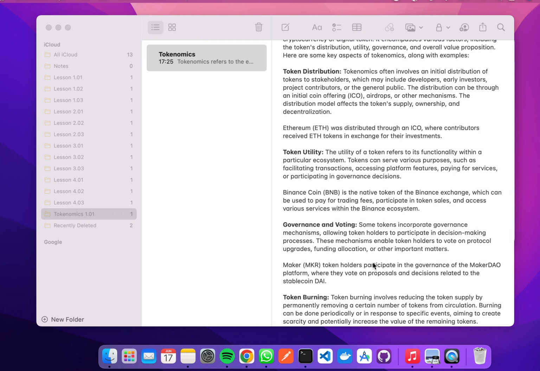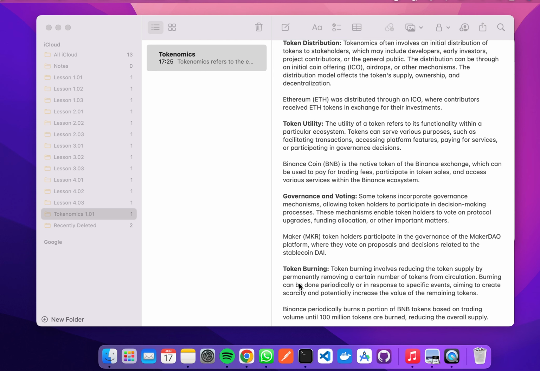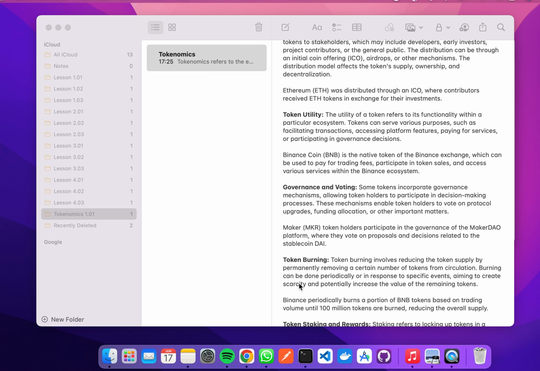An example of such a token is the Maker from the MakerDAO platform, whereby token holders participate in governance and can vote on proposals and decision making related to the stablecoin DAI. DAI is one of the stablecoins like USDT, and other stablecoins.